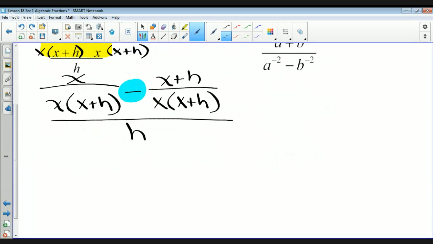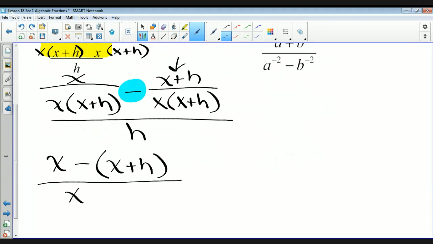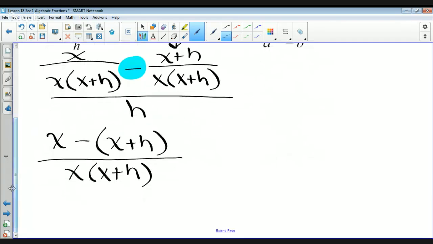So if it's following a minus, I said look to see. Is that thing holding hands? Is it? Yes, it's a plus. So you need to do what when you put them together? Put that whole thing in parentheses. And it's all over x times quantity, x plus h. And now what do we do now? I'm going to simplify, right?